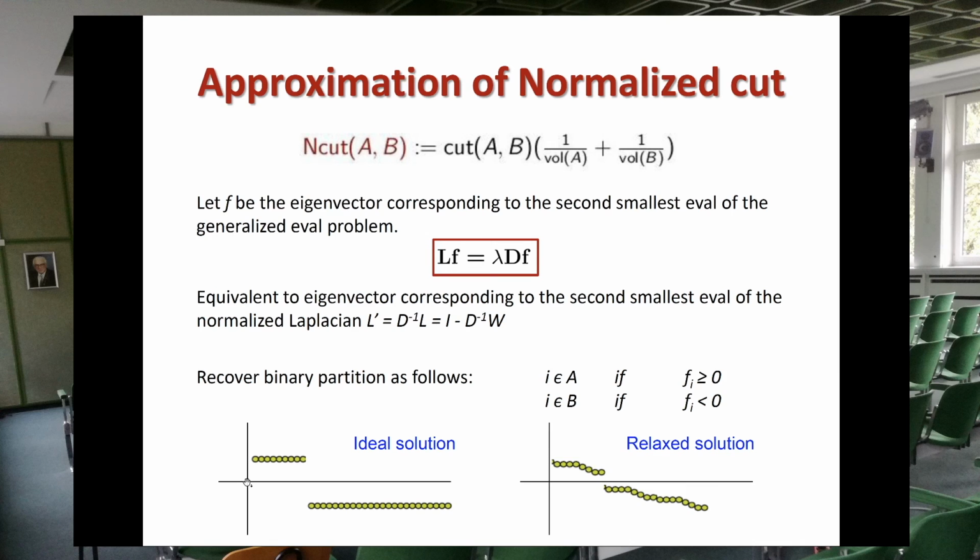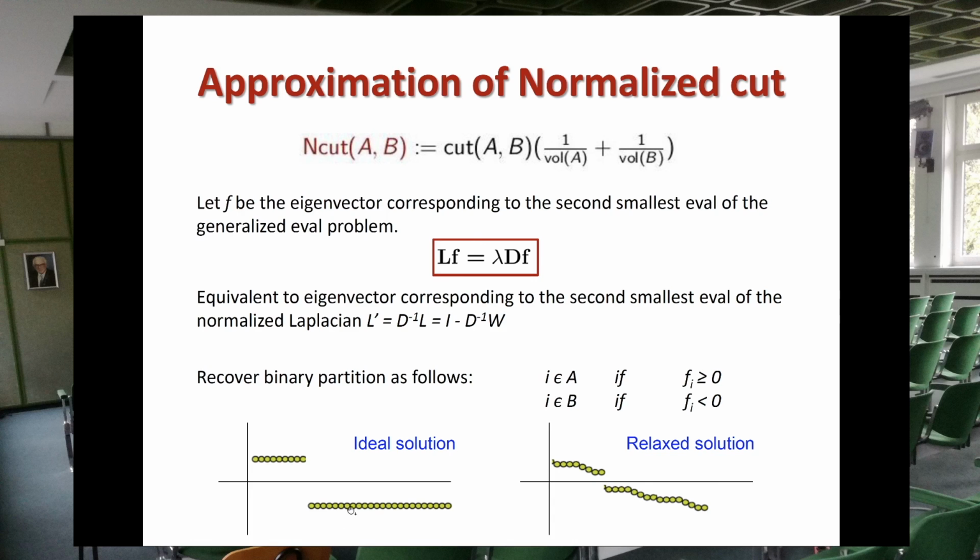You will have values in that f vector that are equal or larger than 0, above this line, and you will have values that are smaller than 0, so they are negative. These are the positions in our second eigenvector that are negative, and these are the positions that are positive or 0.